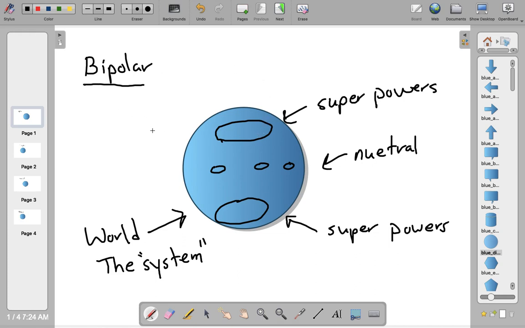So for instance, up here, now we have to think of a time period or a historical example of bipolarity in international relations. And the best example might be from around, let's just say 45, the end of World War II, some people say 47, up until 1991. This is when the Soviet Union collapsed. So during this time frame, it was the Cold War.